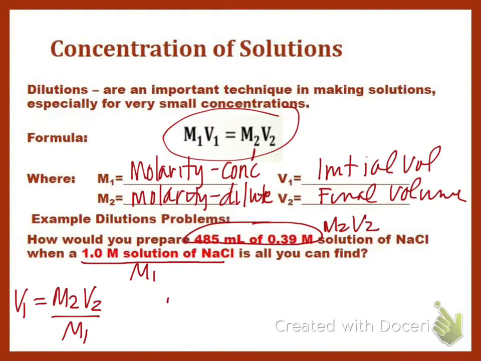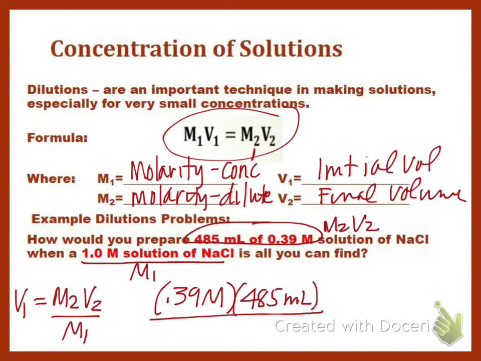So it'd be 0.39 molar. And in this case, because we're going to have molarity on the top and the bottom, molarity is going to cancel out. So we can actually leave our volume in milliliters.